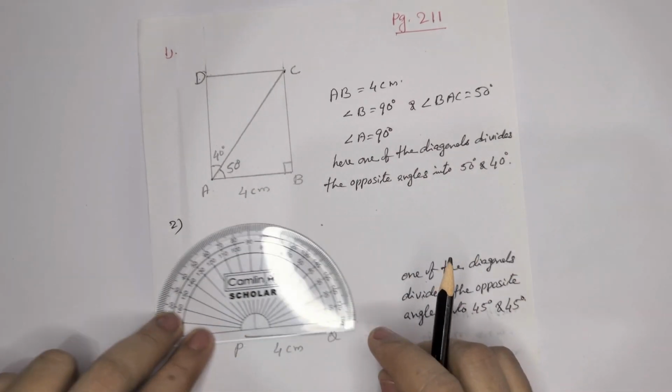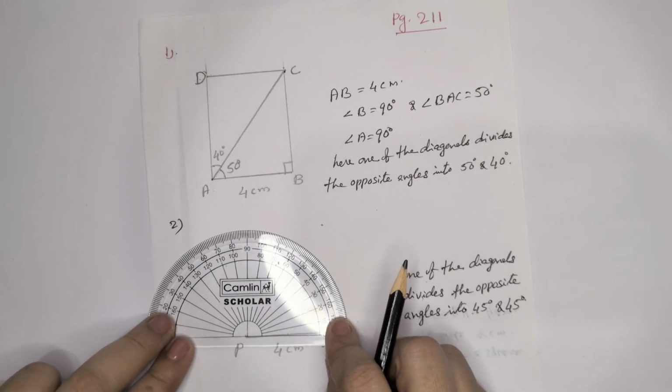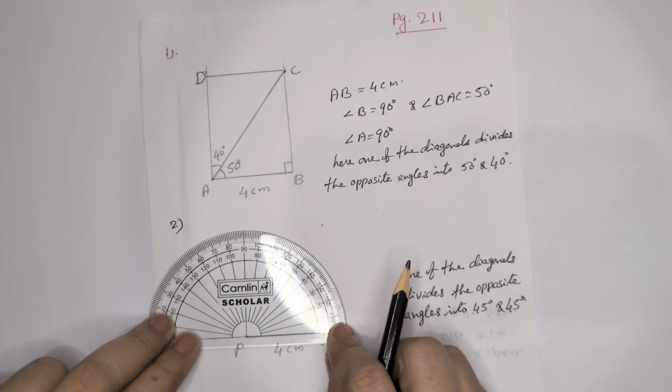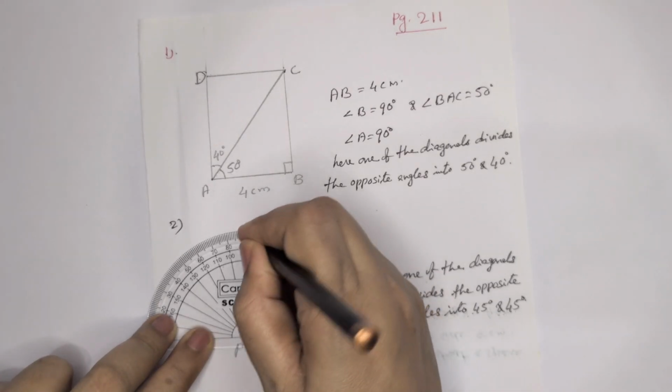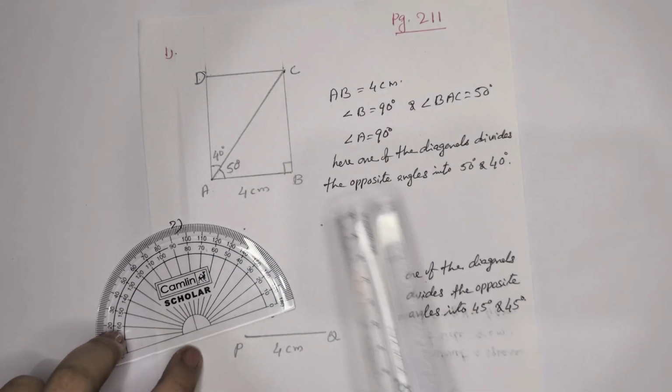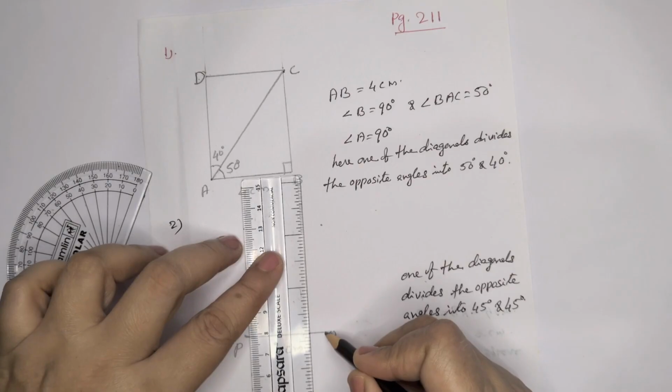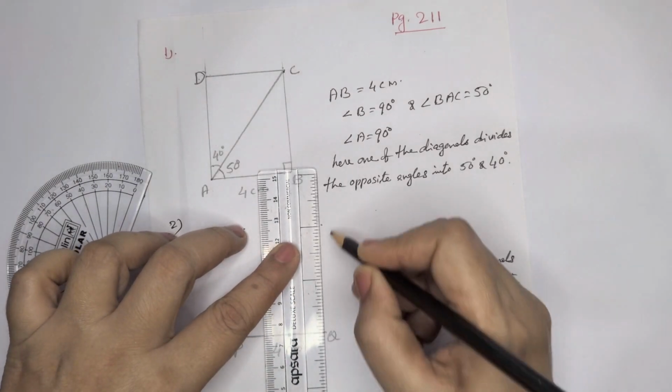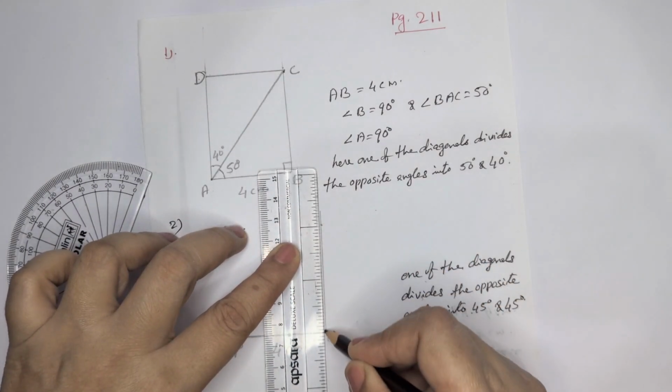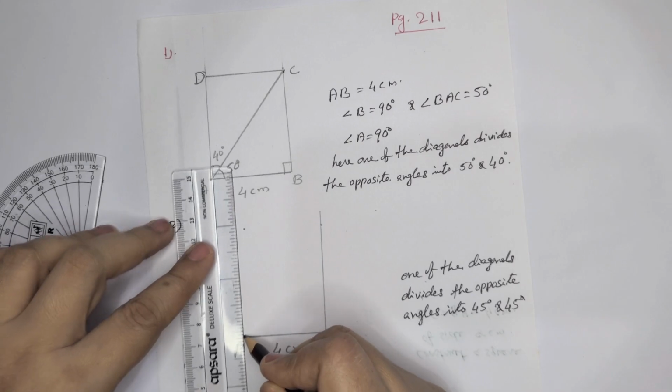Same way from P also 90 degree. Then by using the scale we can join these points.